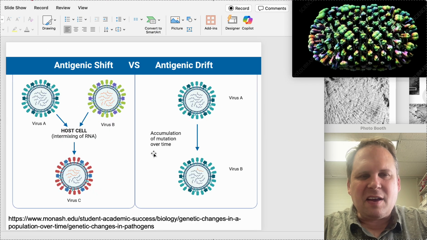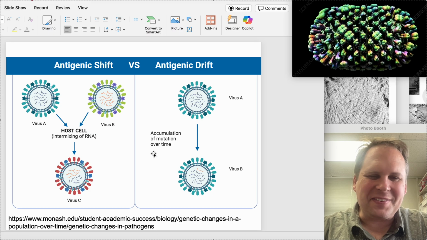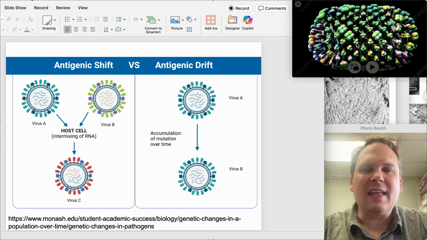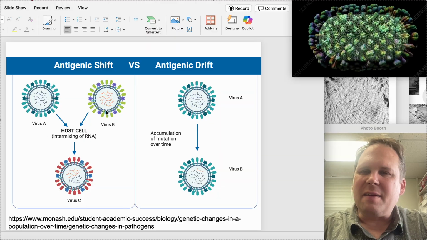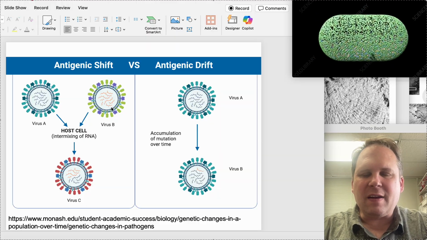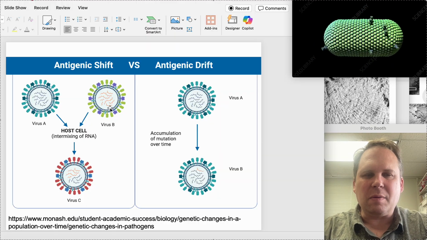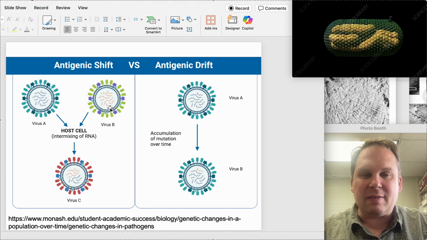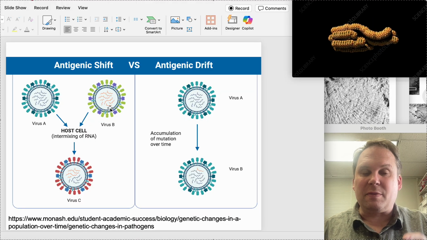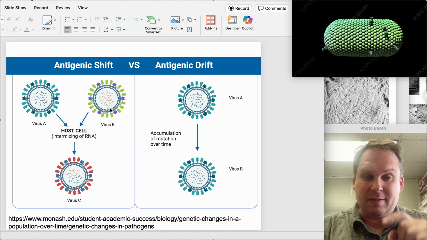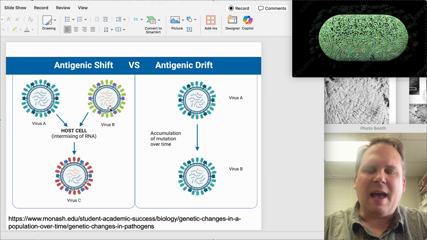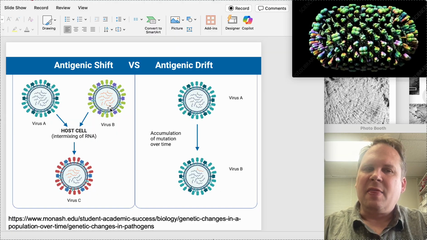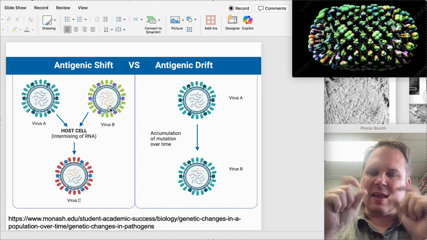Okay, next concept, which is new but actually ancient: antigenic shift versus antigenic drift. Since orthomyxoviruses are segmented, their genome is broken up into little RNA segments. If you ever get a situation where two different orthomyxoviruses, same species or not, have infected the same cell, theoretically, their segments can swap around.